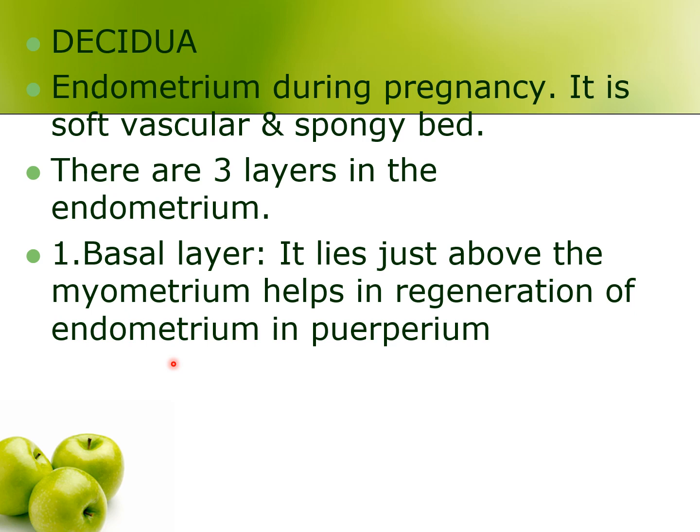It is a soft, vascular, spongy bed which allows the baby to get implanted. This endometrium has three layers. The basal layer is the layer which lies just above the myometrium, and after the separation of the placenta, it helps in the regeneration of the endometrium in the puerperium.